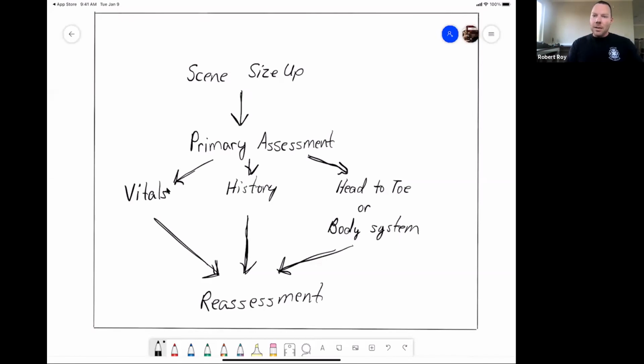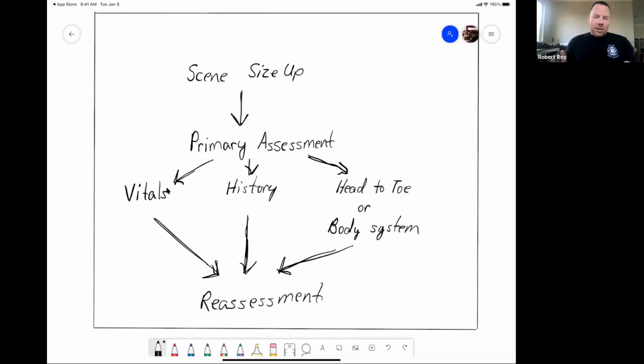You're going to forget what vital signs you've already got. You're going to forget what questions you've already asked. And then you're going to start missing things while your evaluator is just sitting there looking at that sheet, and we don't want that, right? So you choose what you do first, but finish it before you move on. And then once you've got all 3, then we're going to do our reassessment.